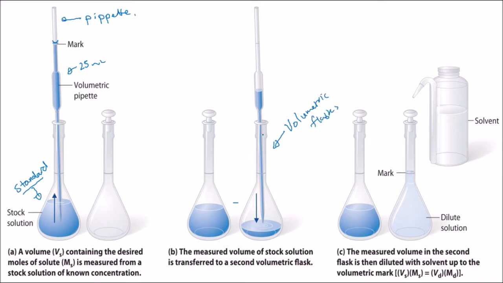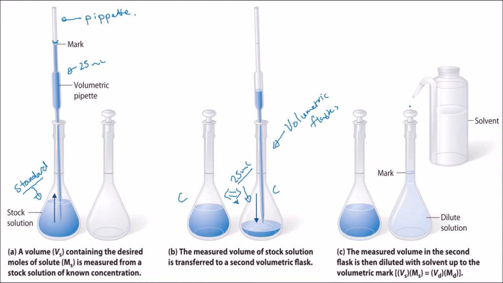And what's happening is we are using a certain amount of that liquid. Let's say we put 25 milliliters of that liquid there. So we still have the same number of moles. So the concentration here is still the same as the concentration here at this current point.